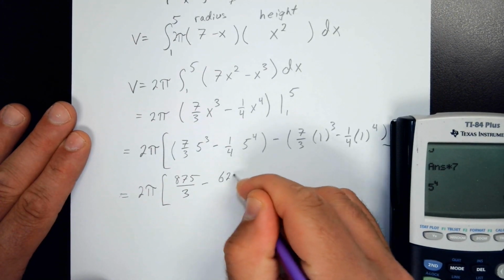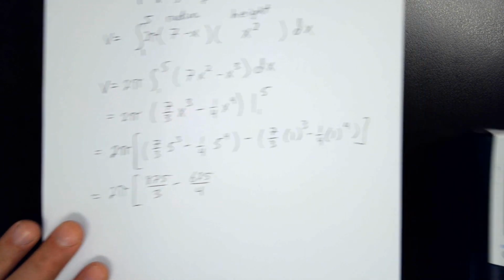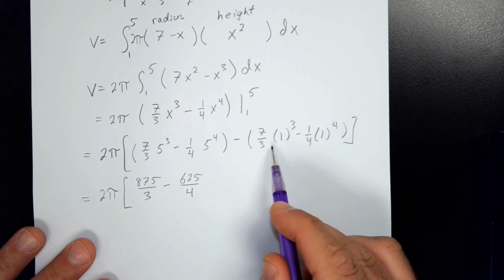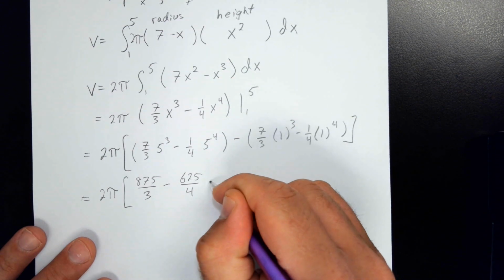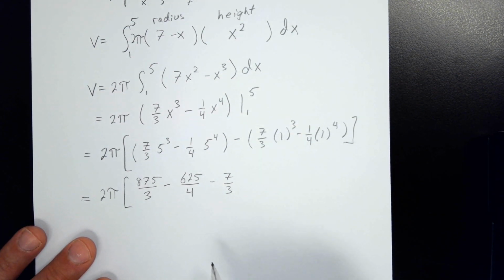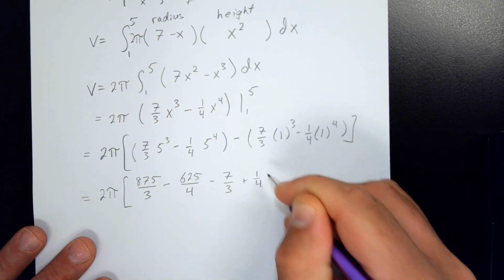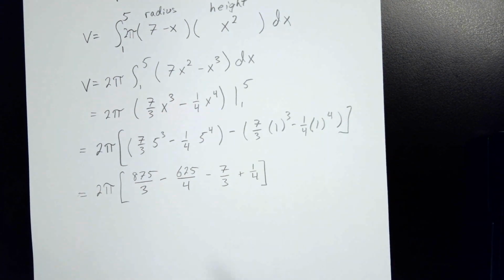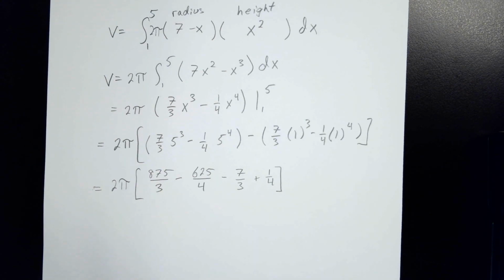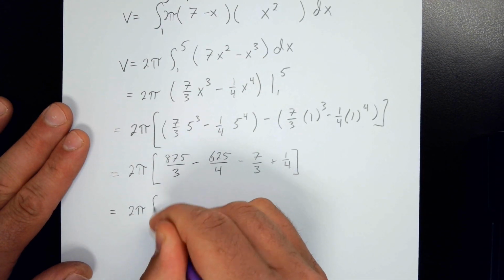So it'd be 625 over 4. And then let's see what else I have. I've got minus 7 thirds. So minus 7 thirds minus a negative, so that'd be plus 1/4. Now if you want to leave the answer like this and plug it into your calculator or WebWork, that's fine. Some of these do simplify a little bit nicer, so let's see what we can get.